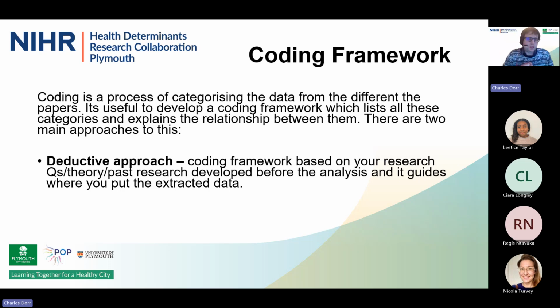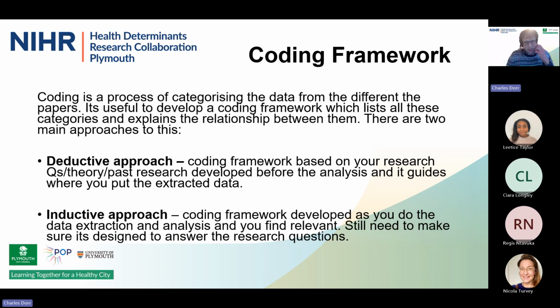So things like how we know retrofitting is prioritized already, the use of area-based data on deprivation, for example, things like that. We might include those as part of an initial coding framework, and then we see when we came to actually looking at the papers whether we ended up extracting data that related to those existing codes. And then the other approach is kind of the other way around.